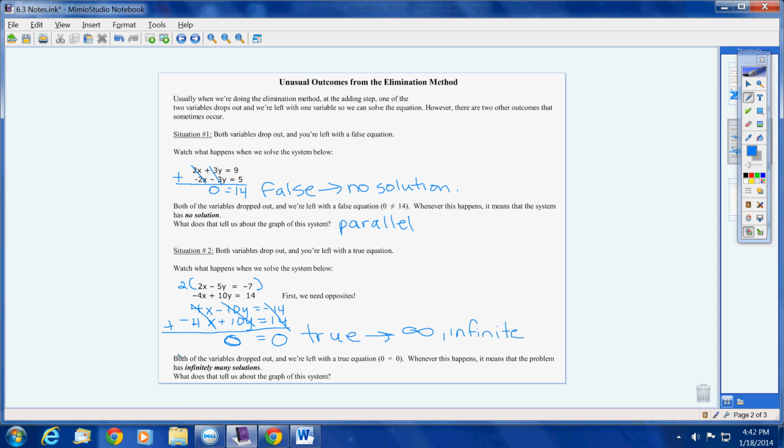If you'll remember on our graphs, the only way that we had an infinite number of solutions meant that our lines are coinciding. Coinciding means it was one line right on top of the other. So we had coinciding lines when we have an infinite number of solutions.